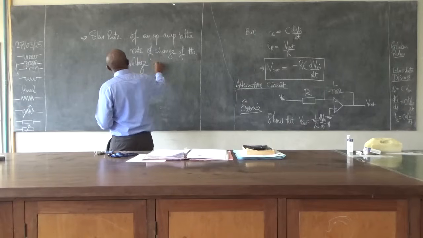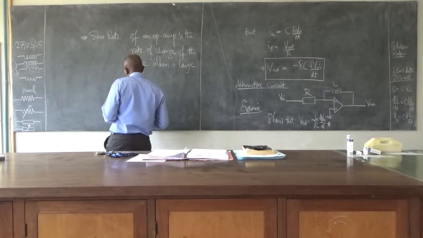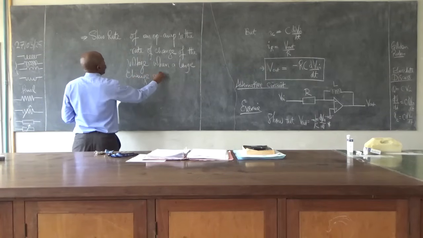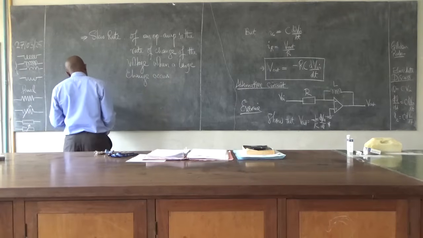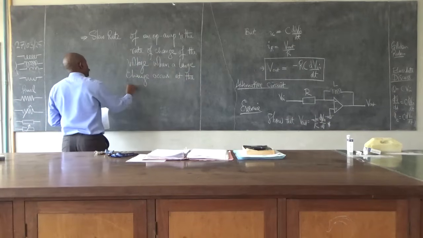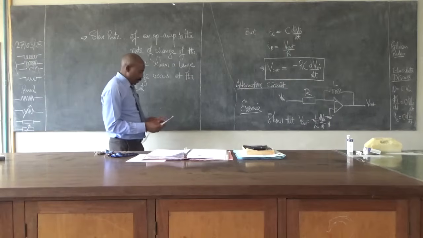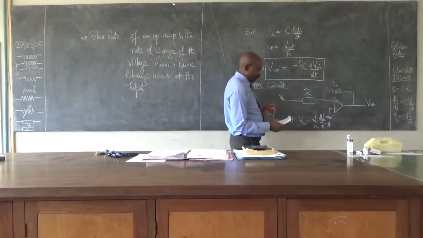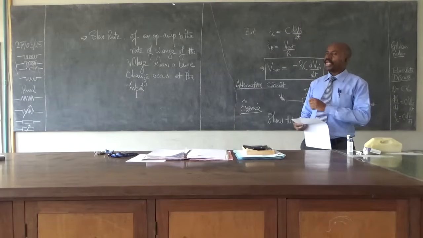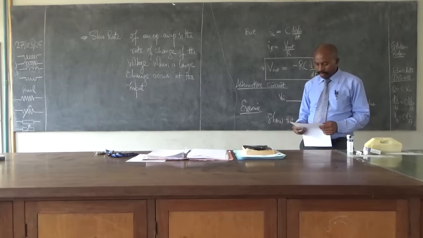when a large change occurs at the input. This is the slew rate, the rate of change of the output voltage when a large change occurs at the input.